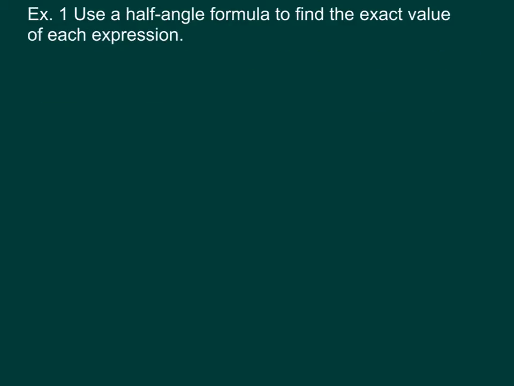Okay, example 1. Use a half angle formula to find the exact value of each expression. So we're going to start off with sine of 105. And we have to figure out what angle we are taking half of. Well, that would be sine of 210 over 2. We're just going to write it as a half of an angle.